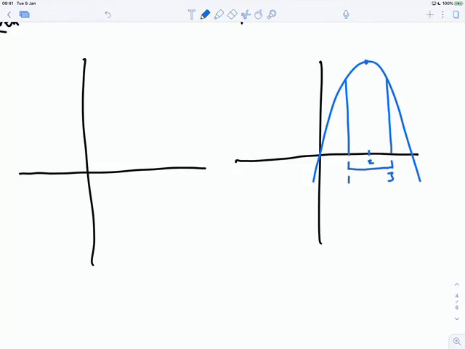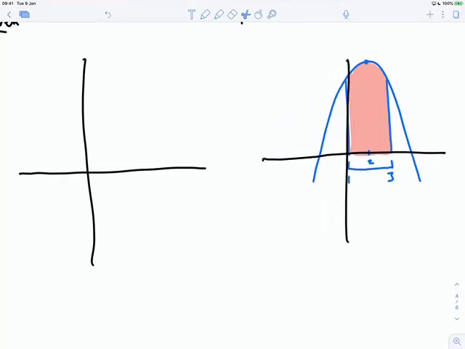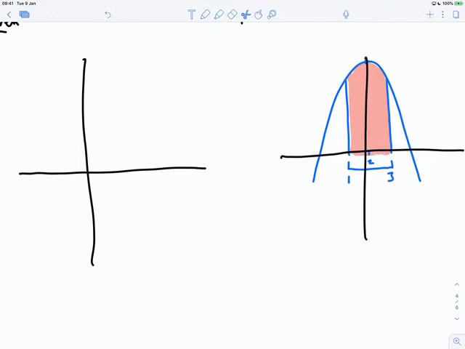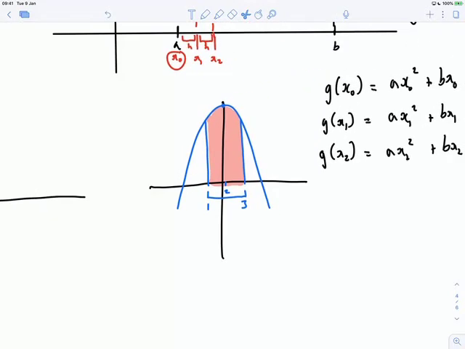Now this area will be exactly the same as if I take this function and just move the coordinate axis, so now it's like that, and that middle point is on the y-axis.